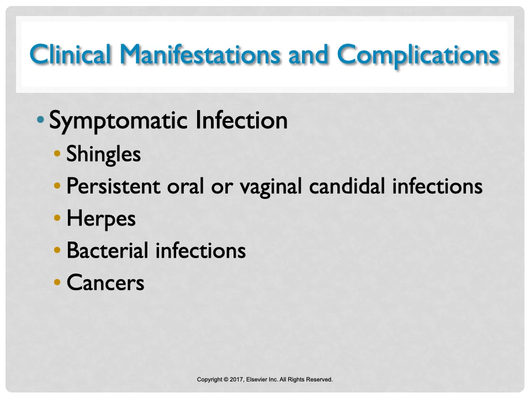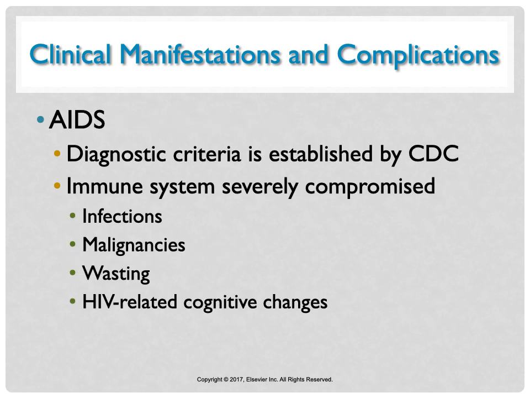If they have that low CD4 count of less than 200, even if they don't have these infections, they are also considered to have AIDS and not just HIV, because a CD4 count of less than 200 makes them highly immunocompromised.